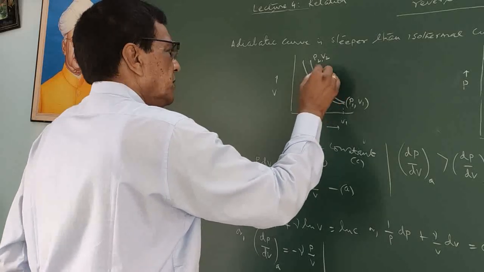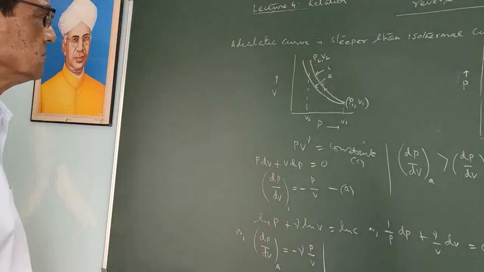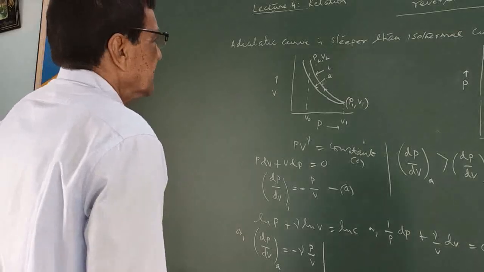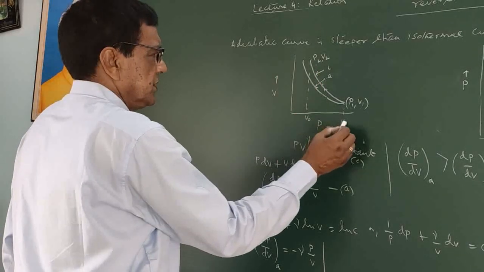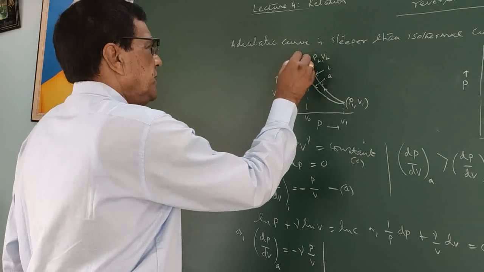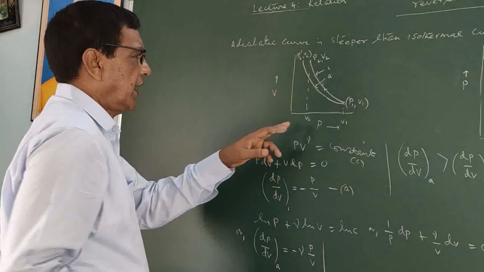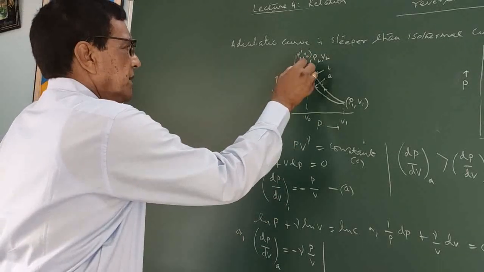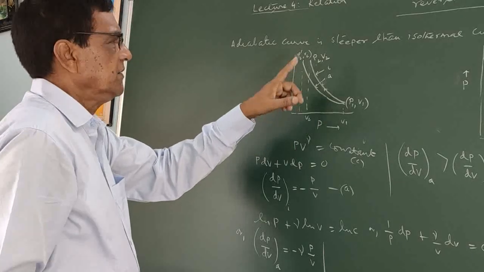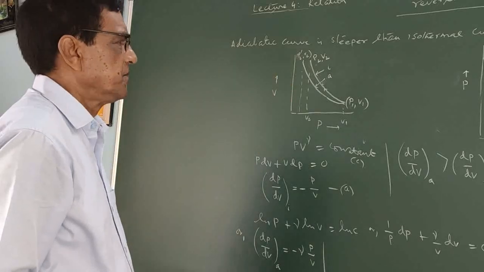This is for the adiabatic process, and this is for the isothermal process. In this case, the initial volume and final volume are the same, but the final pressures are P2 dash and P2. So the final pressure for this adiabatic process is less than the final pressure for this isothermal process.